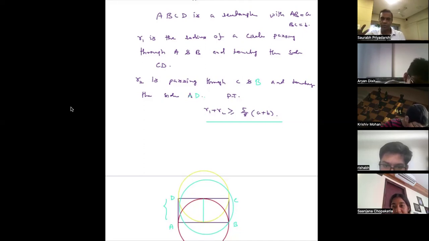Only try to find R1. That's it. This is the hint. First, draw the diagram and try to find R1. What is the value of R1?